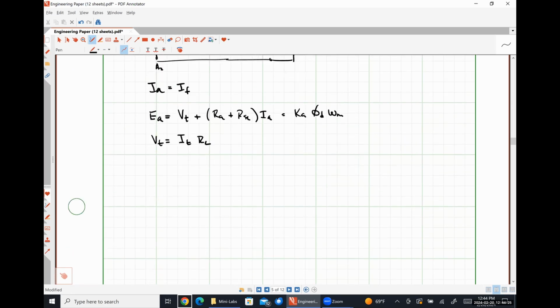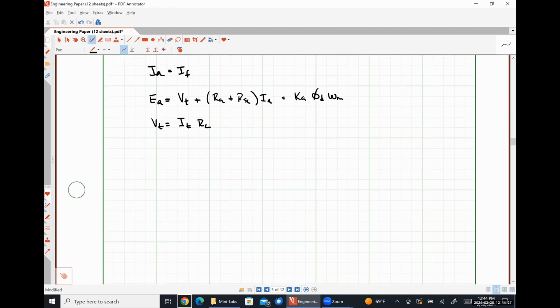So for these three generators, we can define our voltage regulation. The percent voltage regulation is going to be EA minus our terminal voltage at full load.